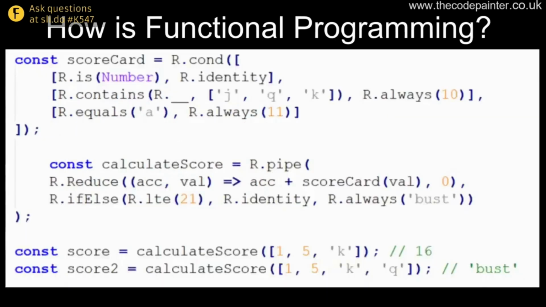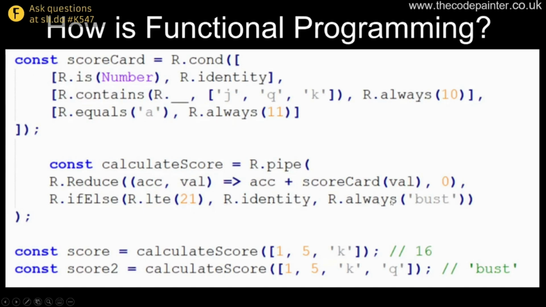And if we want to go another step further, more complicated, we could do a pipe, which first does our reduce, reducing our array down from this list of cards to a value, and then does an if-else to say if it's less than or equal to 21, we'll do identity, so that's your actual score.